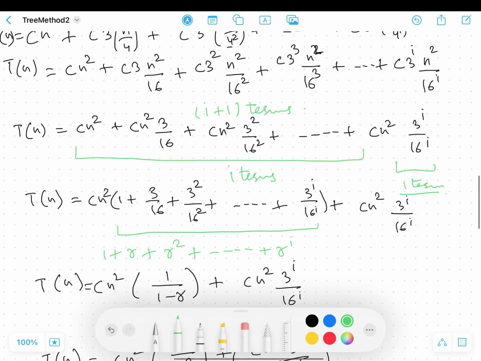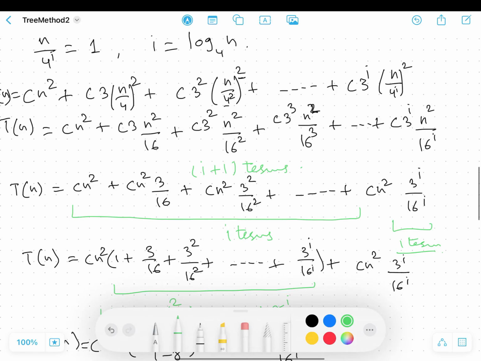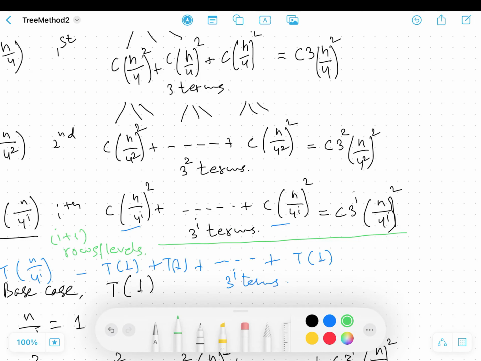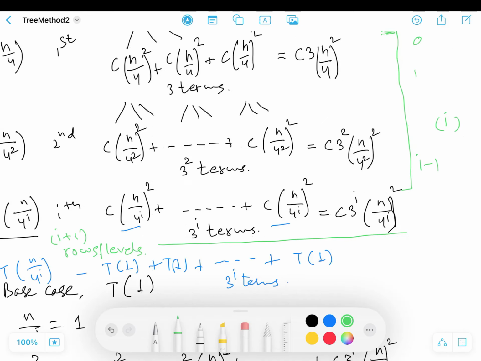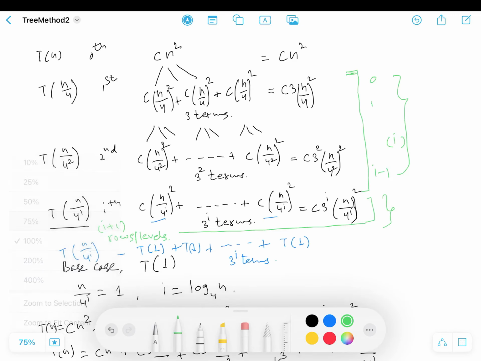So what we did is we took the sum of levels 0, 1 up to I minus 1, which is 0 to I minus 1, and then this level we took out the sum separately, and then we summed this plus this to make it easier to understand and find a solution to the recurrence.